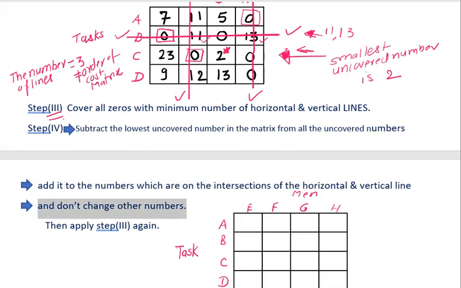If it is 4, then we get the solution in step 3, but the number of lines is not 4. So this is not the optimum solution. Optimum solution is not reached. That is why we are using step number 4.